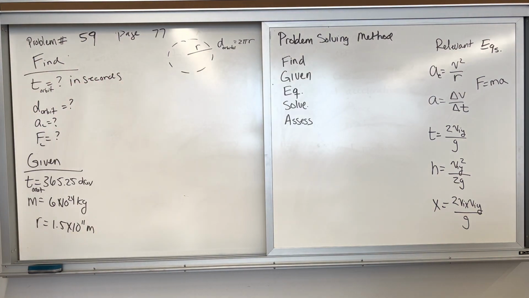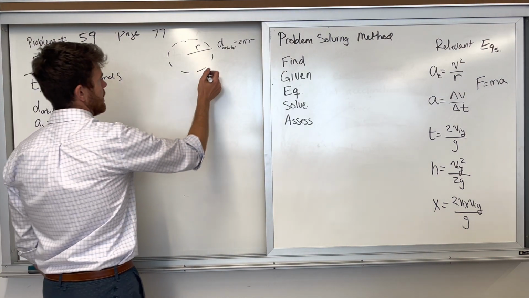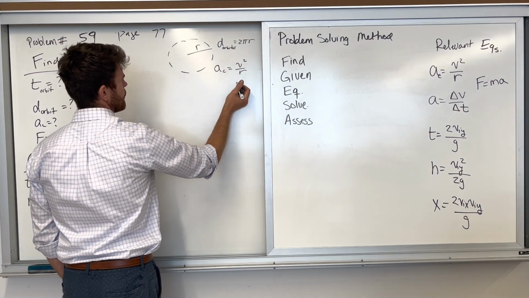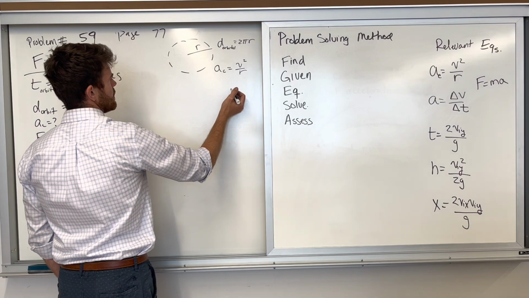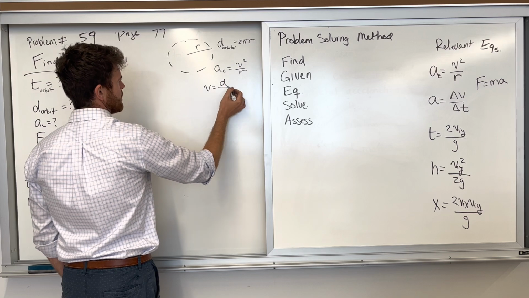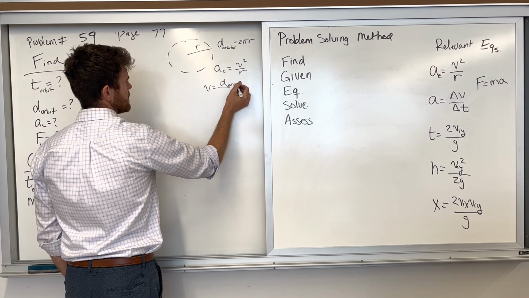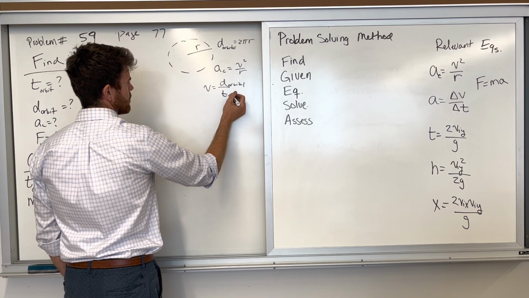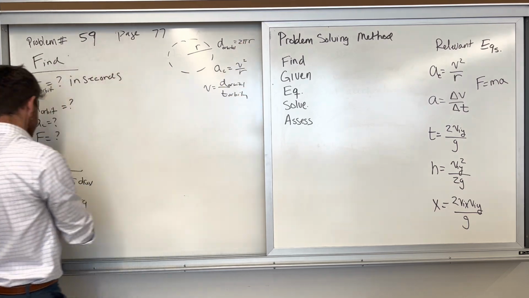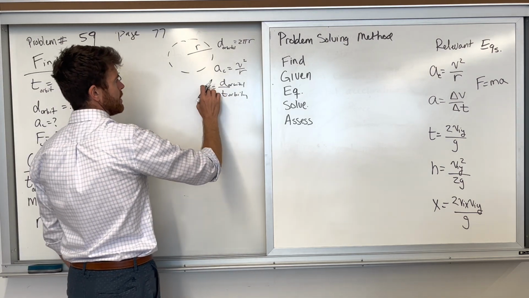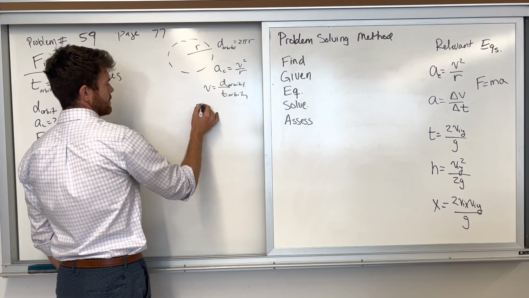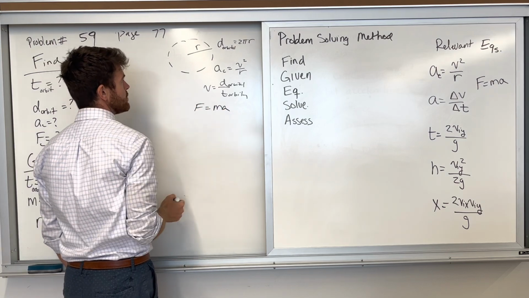The centripetal acceleration we find by v squared over r. And how do we find the velocity? Well, the velocity is the distance traveled, so the orbital distance divided by the orbital time, in meters per second. That's why we're asked to find the time in seconds. Find the velocity first, then we can use that to find acceleration, and then the force is mass times acceleration.